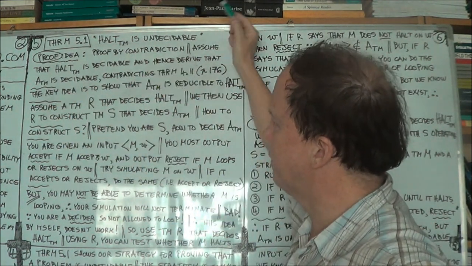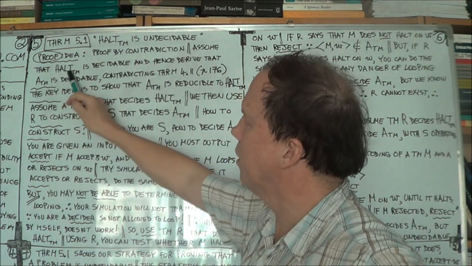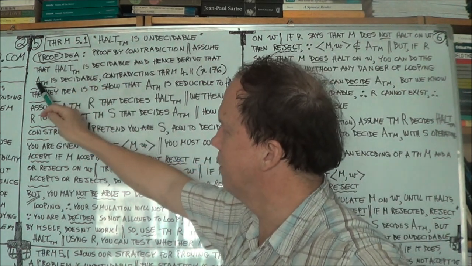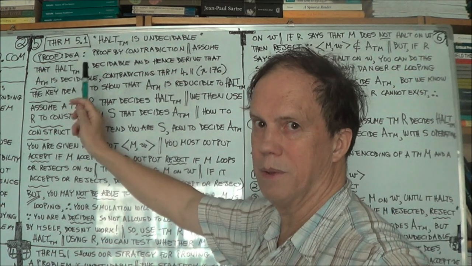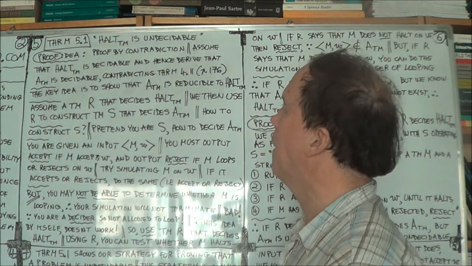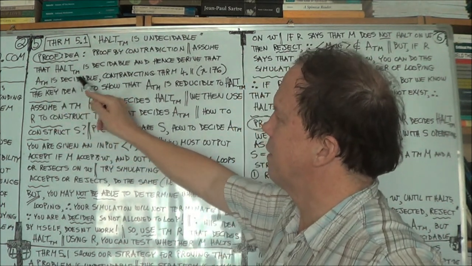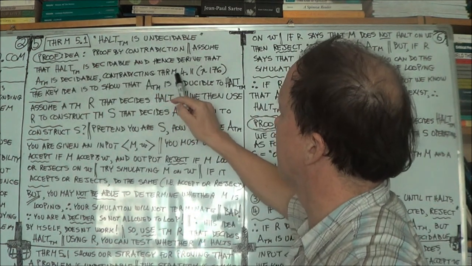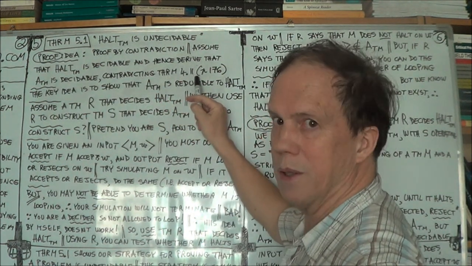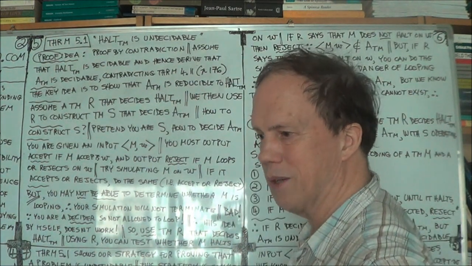So this proof boils down to proving that if HALT_TM is decidable, then A_TM is decidable. That's what the proof is essentially about. Now we know that A_TM is undecidable because that was Theorem 4.11 that we spent so much time on in the previous lecture.